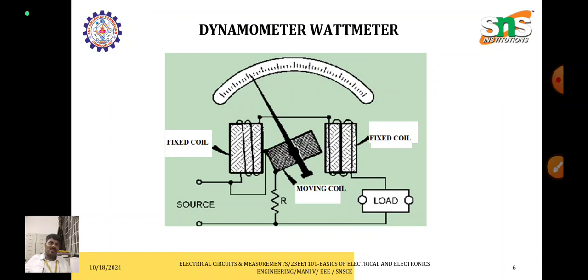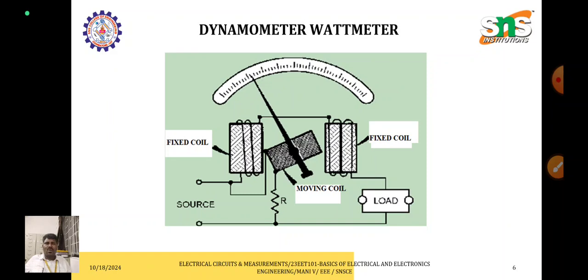Why is it a small number of turns? If it has more turns, there may be more losses across the coil. In order to reduce the resistance of the coil, so that it does not oppose the current, we reduce the number of turns, and the thickness of the wire is increased, because R is equal to rho L by A. If the area is increased, the resistance will decrease.